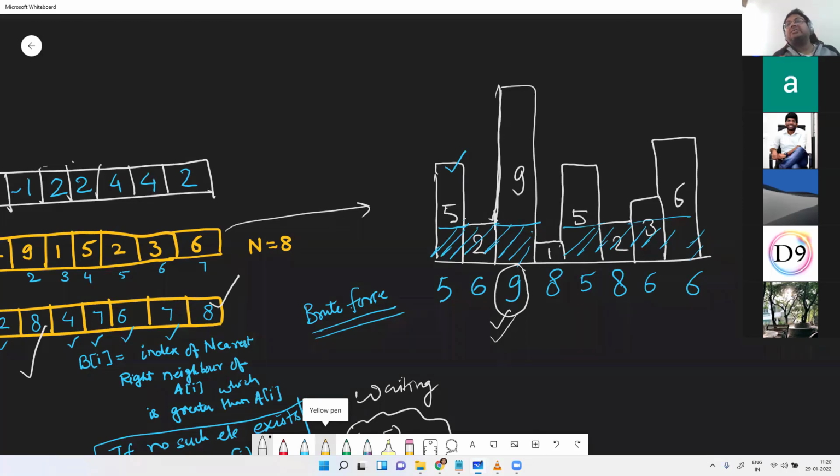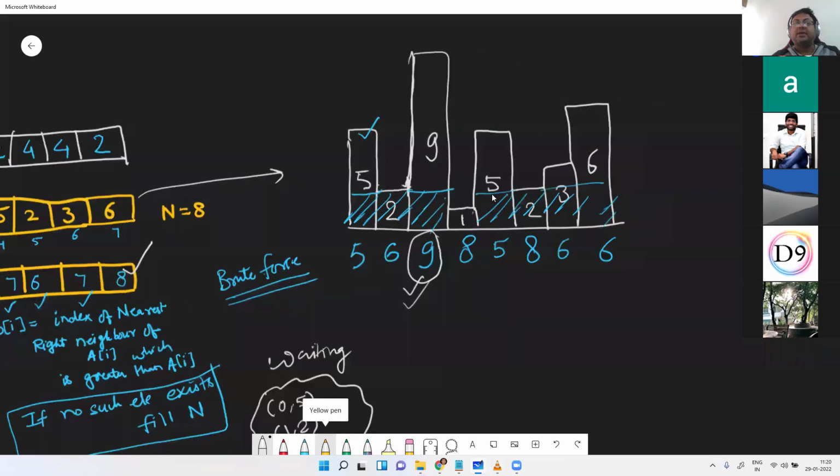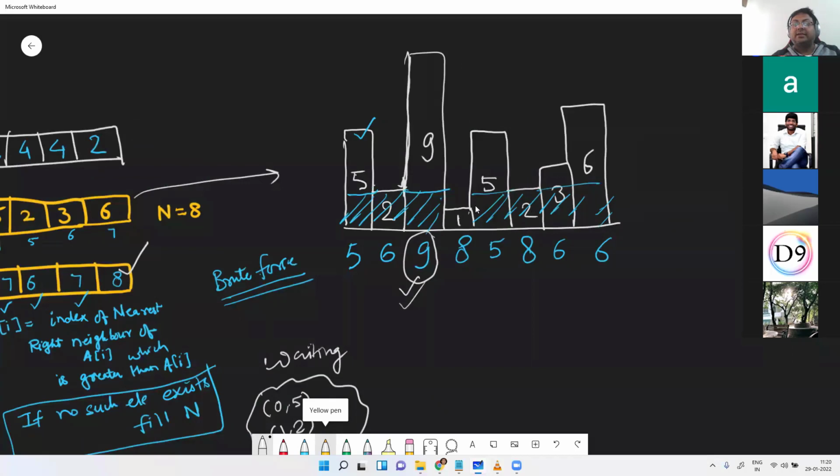That means we need to know at which point the extension will stop, where we cannot extend. 9 cannot be extended further if I find a building smaller than 9. Same way, 2 cannot be extended here because 1 was smaller than 2.